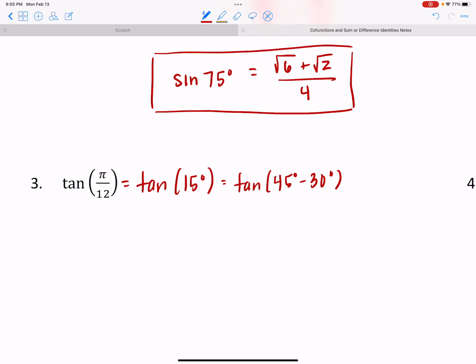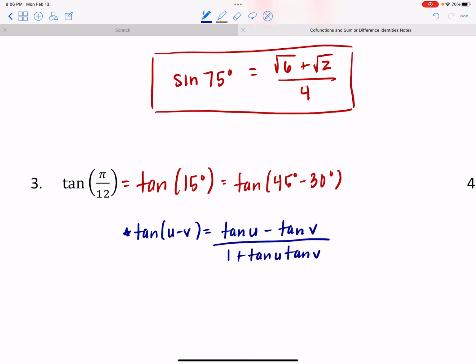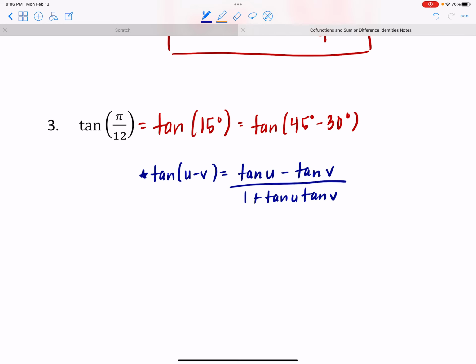Okay? So our formula, this is the tangent of a difference. This formula says that the tangent of a difference, u minus v, is going to be equal to a fraction of the tangent of u minus the tangent of v, all divided by 1 plus tangent of u times tangent of v. So not the prettiest thing, but that's okay.